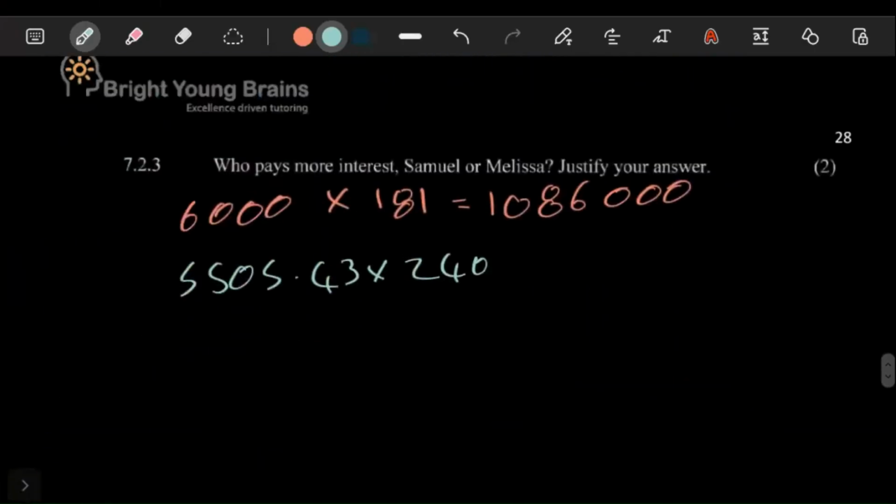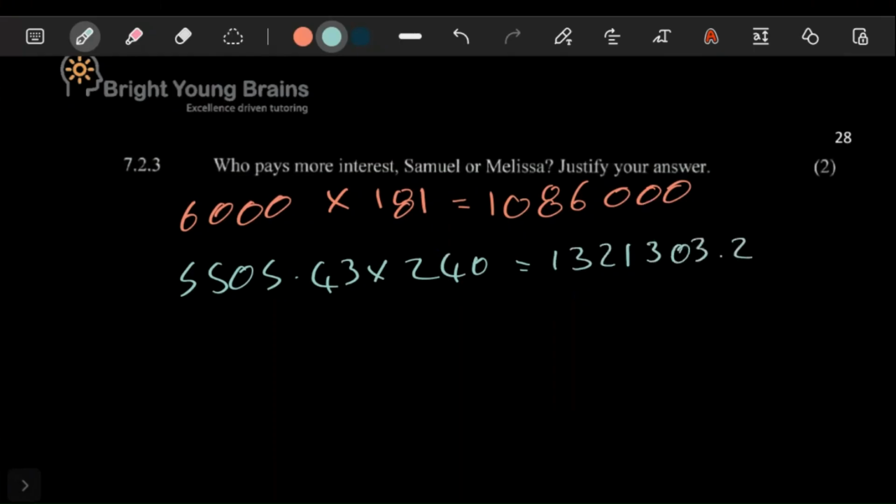So this would be approximately, how much did they approximately pay? 5,505.43 times 240. This person clearly paid more money. Just a 500 Rand difference. Yeah, goes a long way.